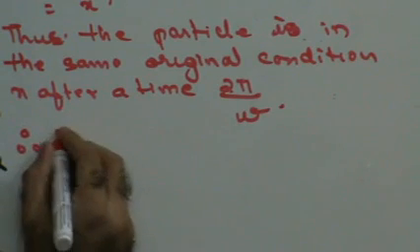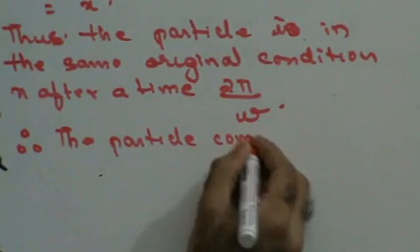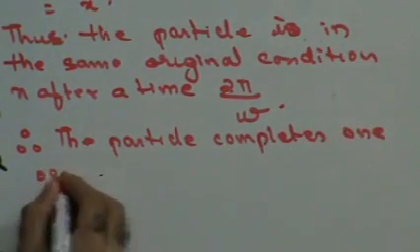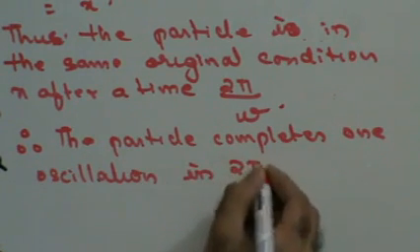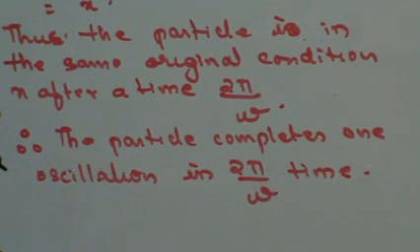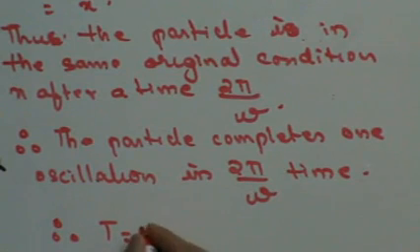Therefore the particle completes one oscillation in a time of 2 pi by omega. Therefore, I can say that the time period for a particle in SHM is nothing but 2 pi by omega.